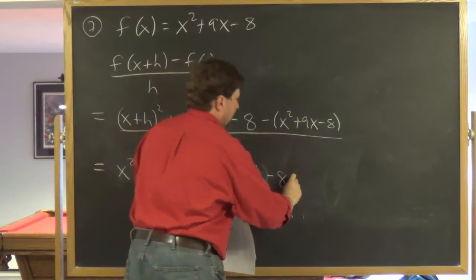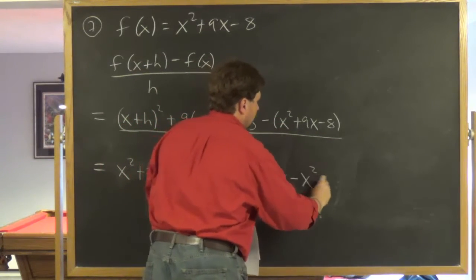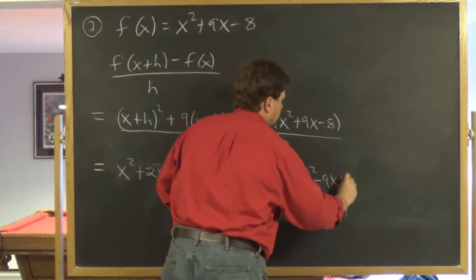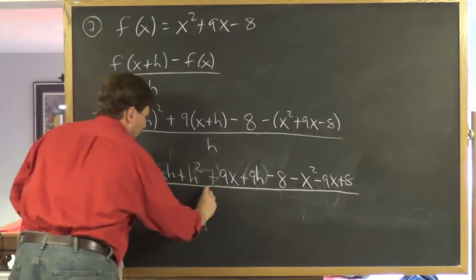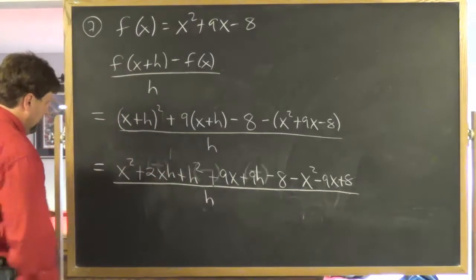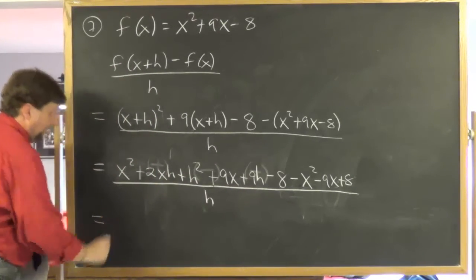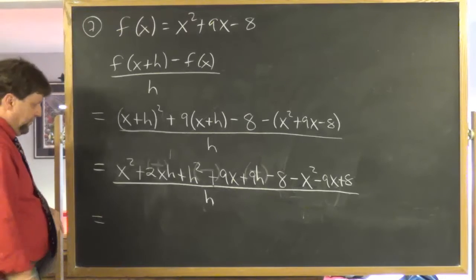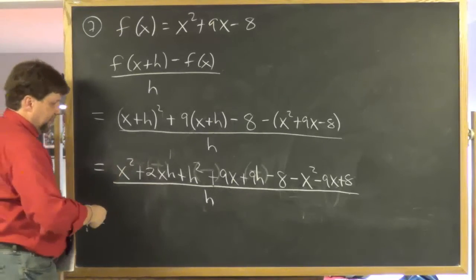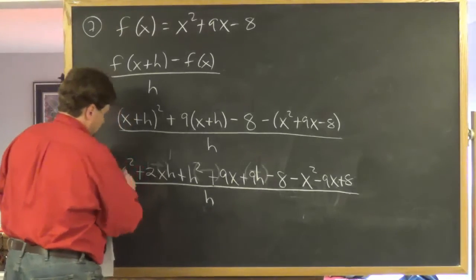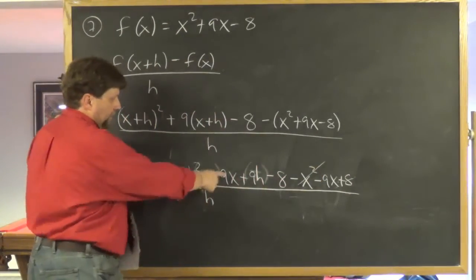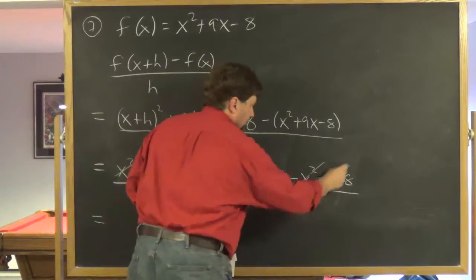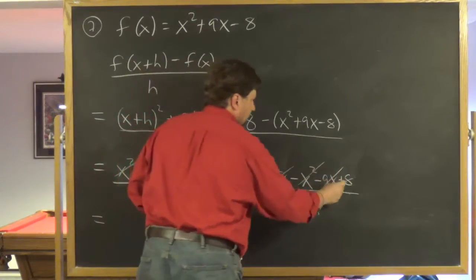Let's distribute the negative, so we get negative x squared minus 9x plus 8, all of that over h. And fortunately for us, we have some stuff that will cancel out here. The x squareds will cancel out. The 9x's cancel out, that's cool, and the 8's cancel out.